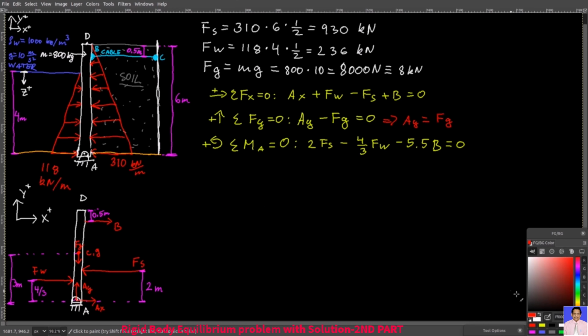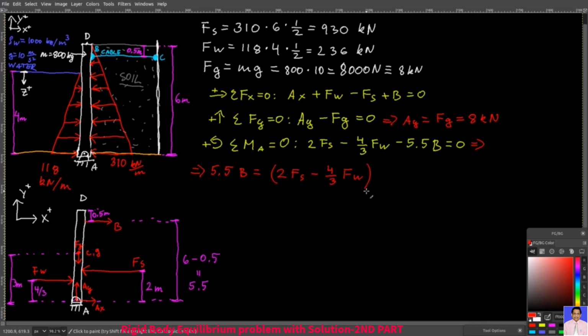Also note that the moment arm between B and point A is 6 minus 0.5 meters, so it's 5.5 meters. Since we know what our Fg is, I can also say that my Ay equals 8 kilonewtons, which is 8 kilonewtons upwards.